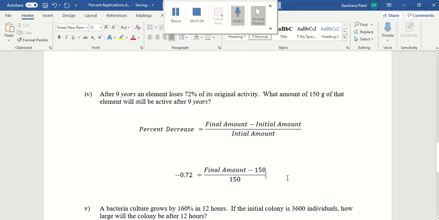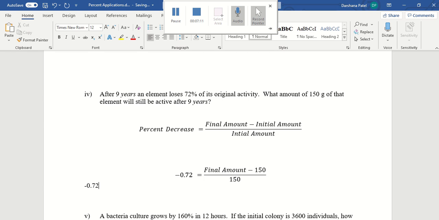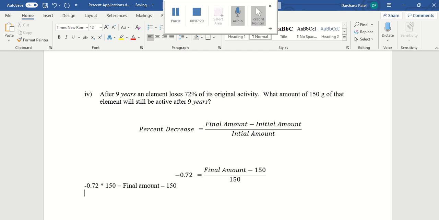And now we need to find the final amount. So we can say negative 0.72 times 150 equals final amount subtract 150. Negative 0.72 times 150 gives us negative 108 equals final amount minus 150.